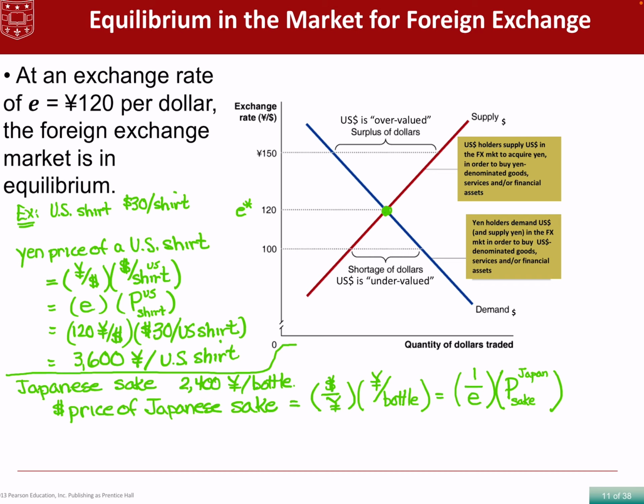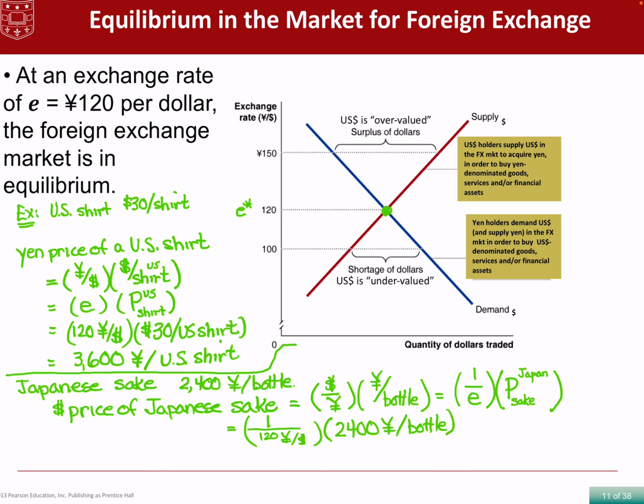In other words, this is going to be 1 divided by 120 yen per dollar times 2,400 yen per bottle.